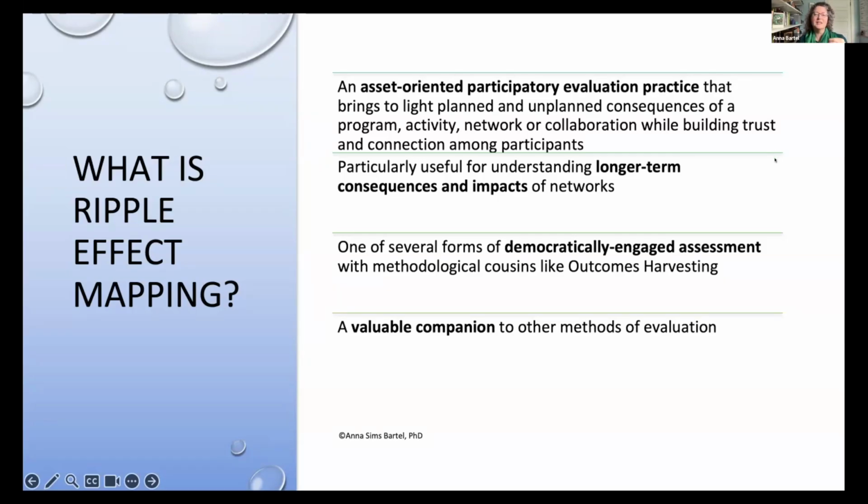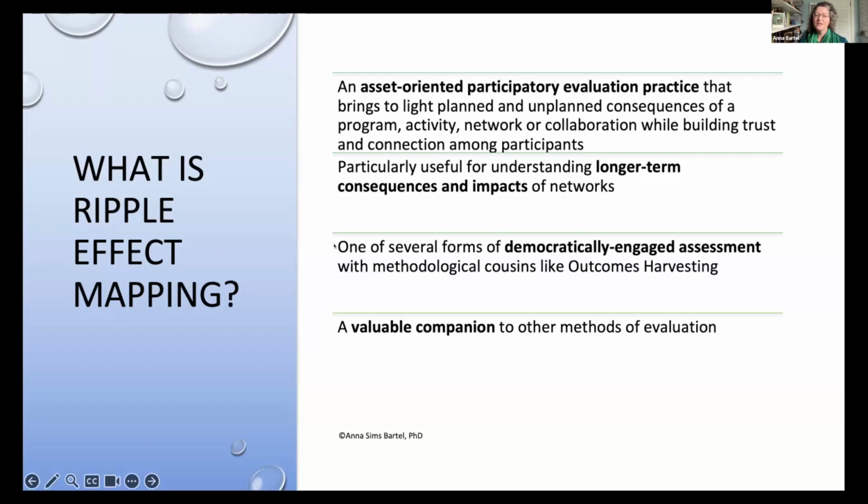And really importantly, it builds trust and connection among participants, even as we are doing the evaluation work, which is kind of a big deal. It's especially useful for understanding longer-term consequences and impacts of networks or projects, which we all recognize as one of the challenges of conventional approaches.